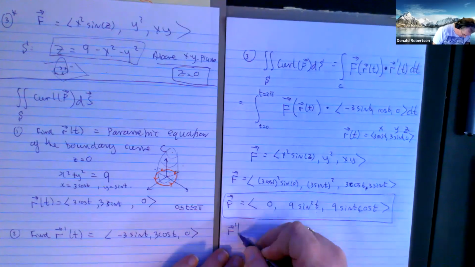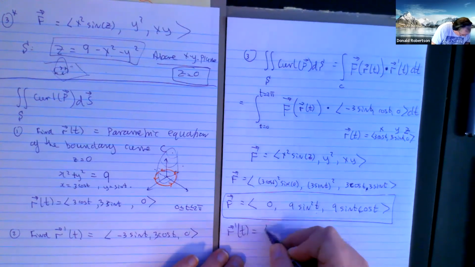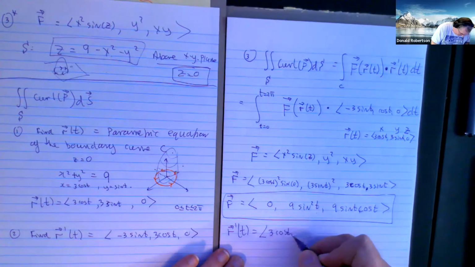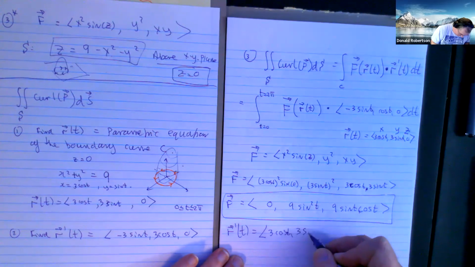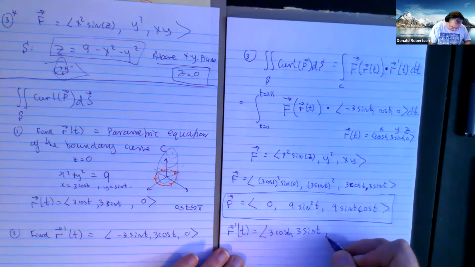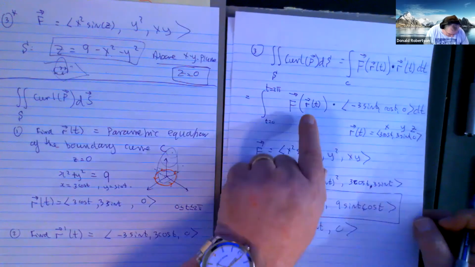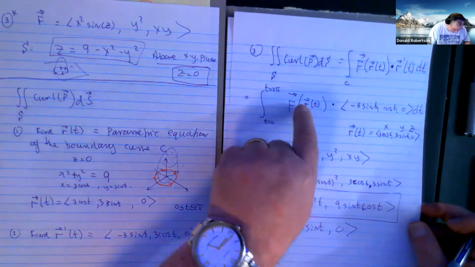I've got my r prime guy, just to rewrite him again. The formula says that it is basically a dot product of these.